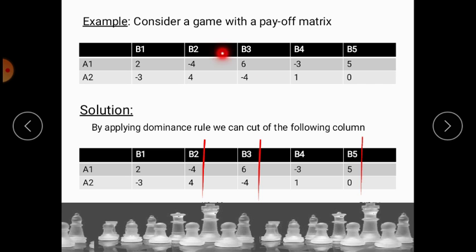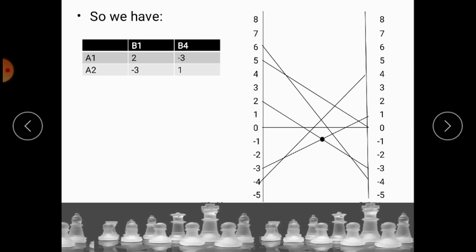So the maximum is 6 and the minimum is minus 4. We'll plot a graph from minus 5 to 8.